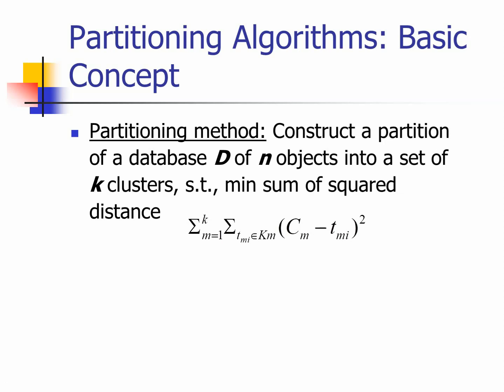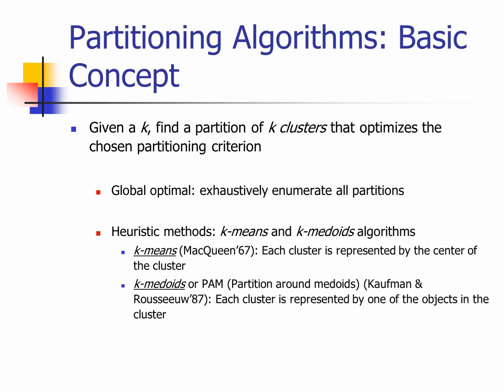Once we have defined that K number, we want to minimize the sum of squared error distance between all of the clusters, and that is the basic idea of the partition method. So for K-means clustering, let's look into K-means clustering directly.